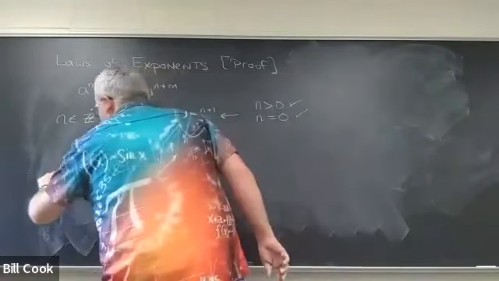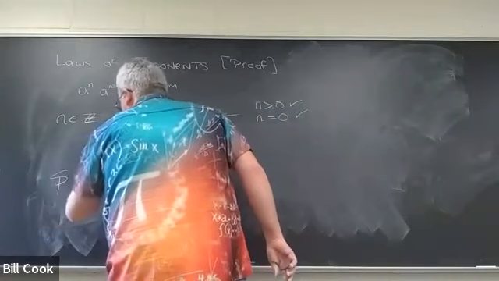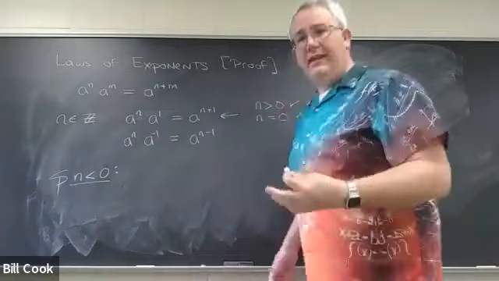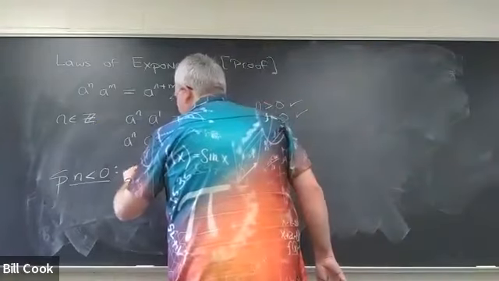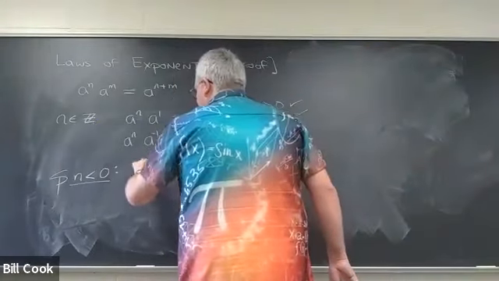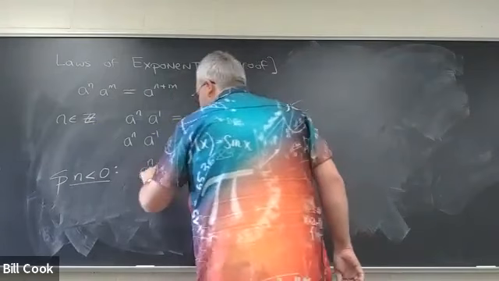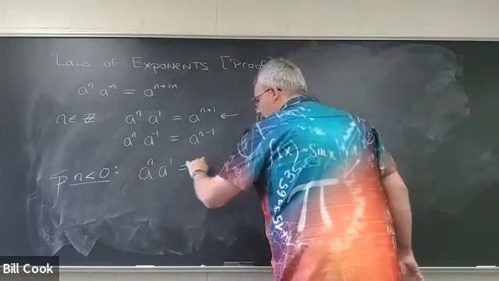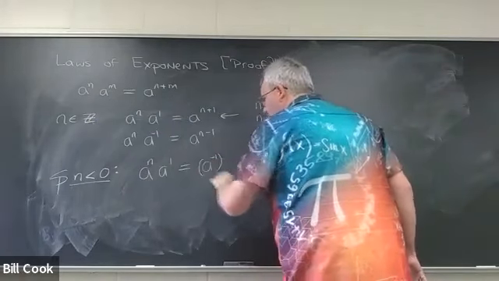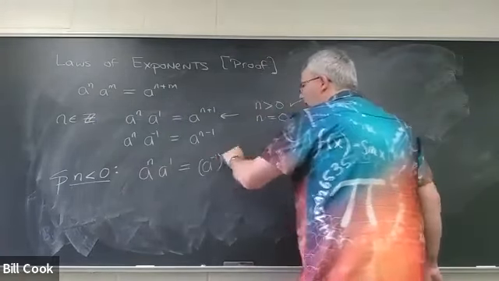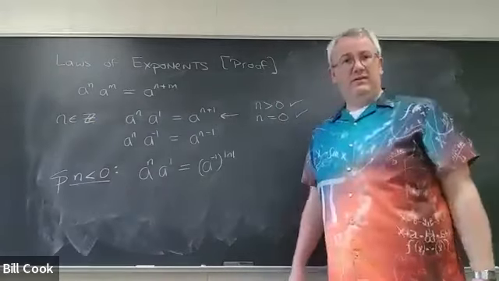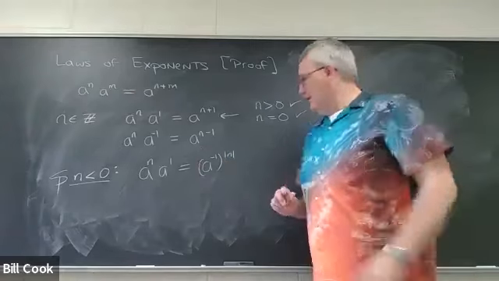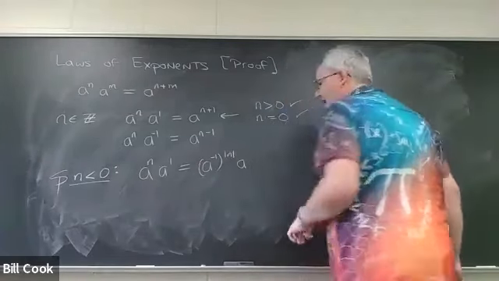So let's suppose that n is negative. Well, if that's the case, what is a to the n? By definition, a to the n would then be a inverse to the magnitude of n power. Right? Okay. So that's what that would be, times a.